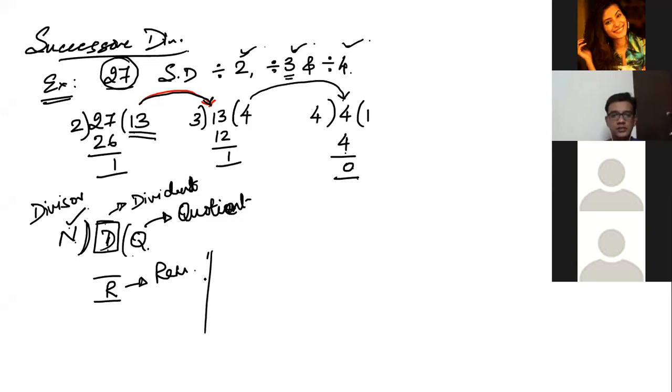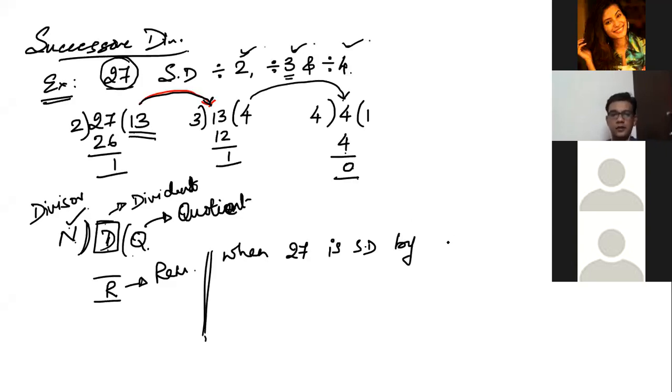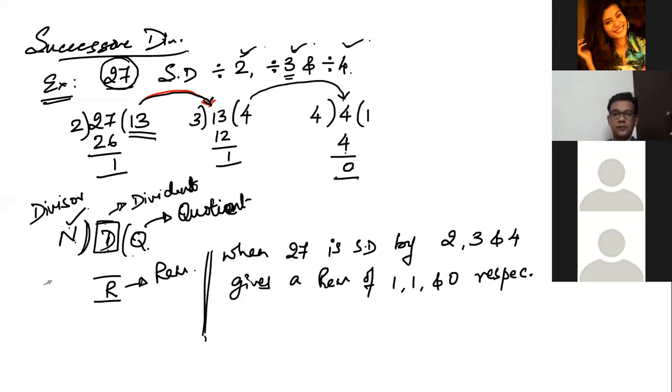So how can I make a statement? I can make a statement saying that when 27 is successively divided by 2, 3, and 4 gives a remainder of 1, 1, and 0 respectively.